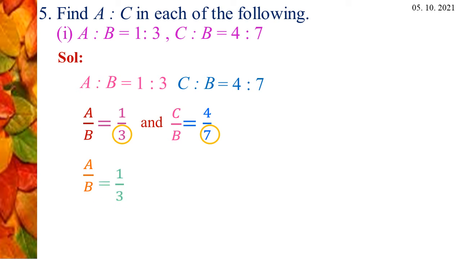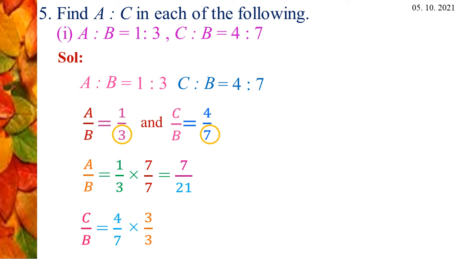So A by B equals 1 by 3. Multiply 1 by 3 by the second B value, 7, in numerator and denominator: 1 by 3 into 7 by 7. 1 seven is 7, 3 sevens are 21. Then take C by B equals 4 by 7 and multiply by the first B value, 3: 4 by 7 into 3 by 3. 4 threes are 12, 7 threes are 21.